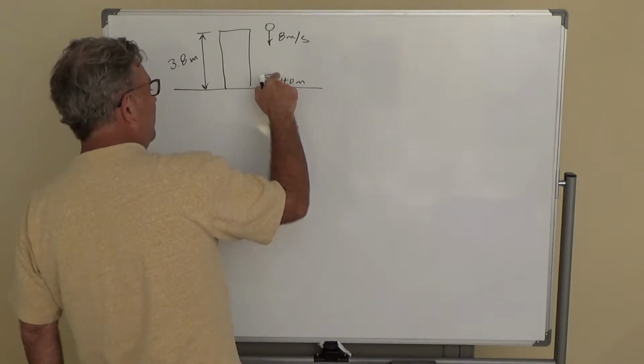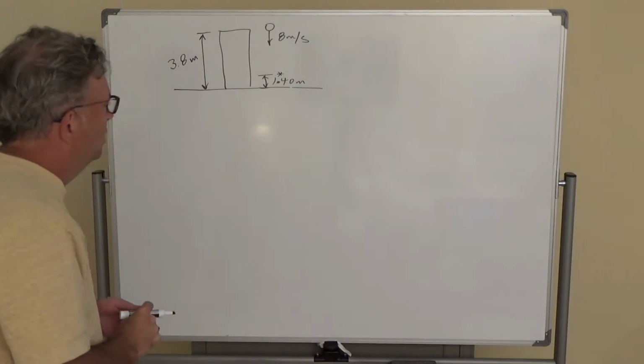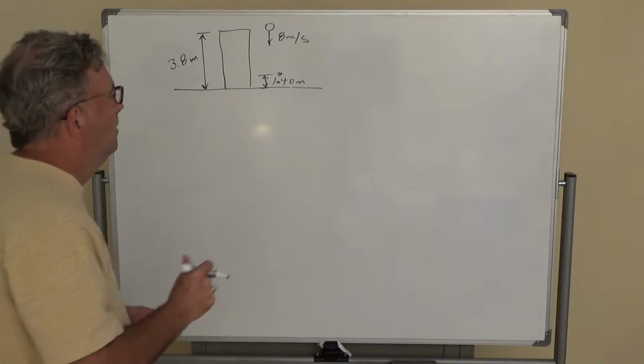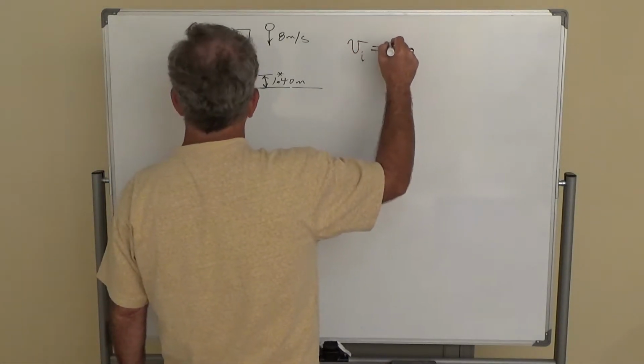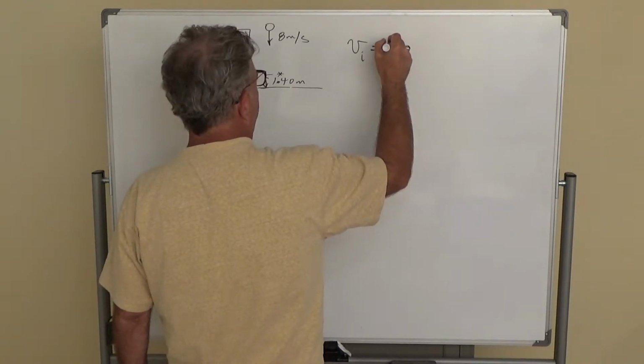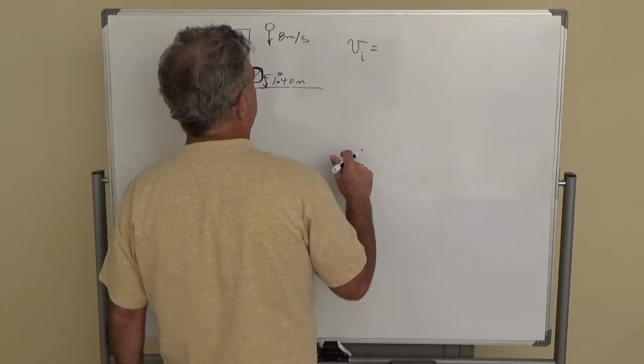And it's ending here, right? It's going to end right there. So V initial is equal to 8 meters per second, right?